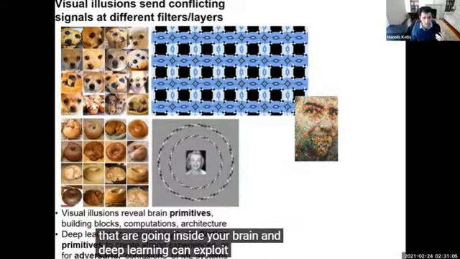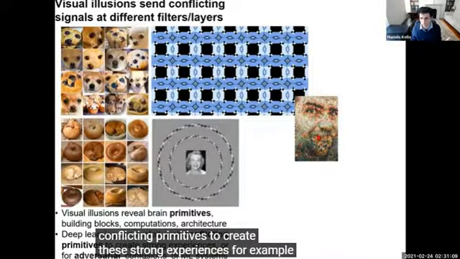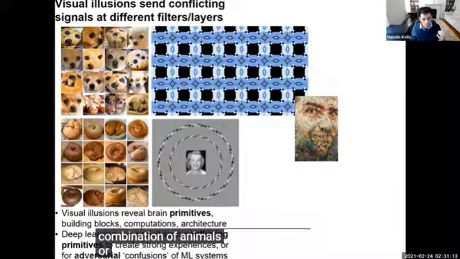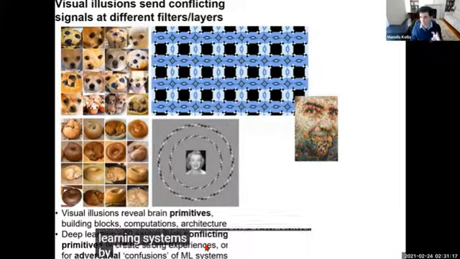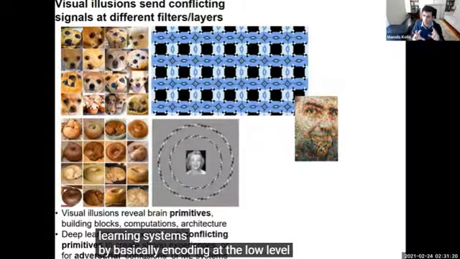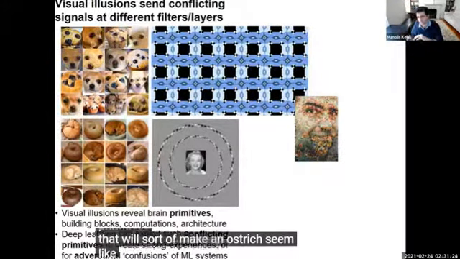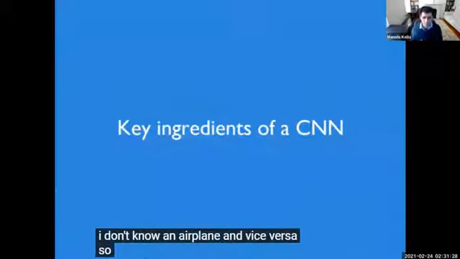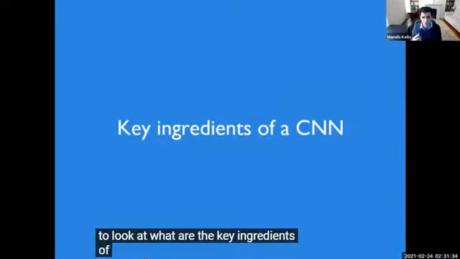And deep learning can exploit such conflicting primitives to create these strong experiences, for example, of seeing a person turn into this monstrous combination of animals, or for adversarial confusions of machine learning systems by encoding at the low level primitives that will make an ostrich seem like, I don't know, an airplane, and vice versa.